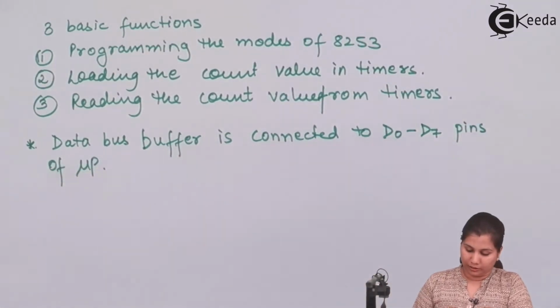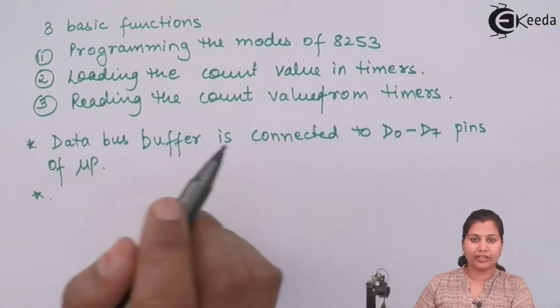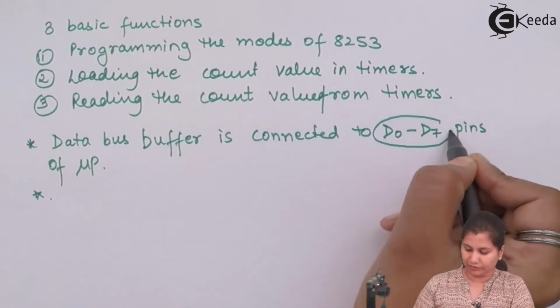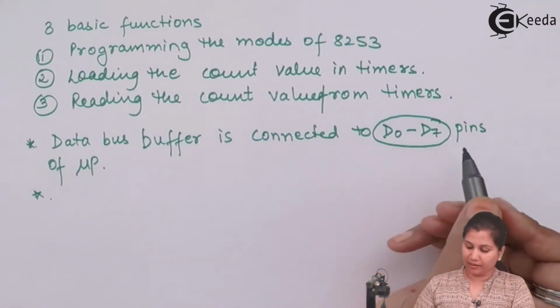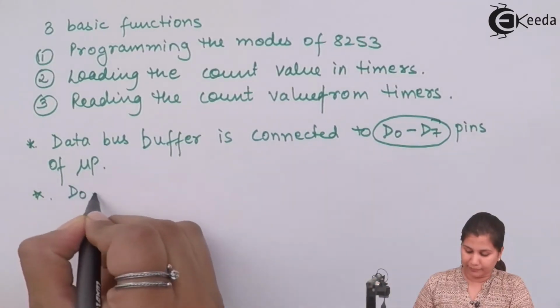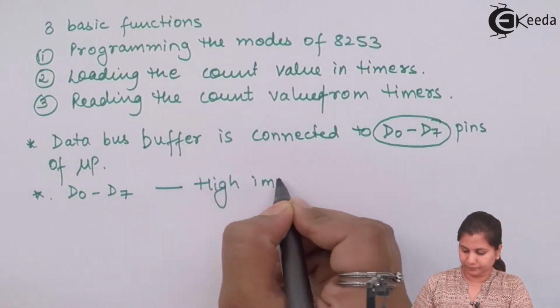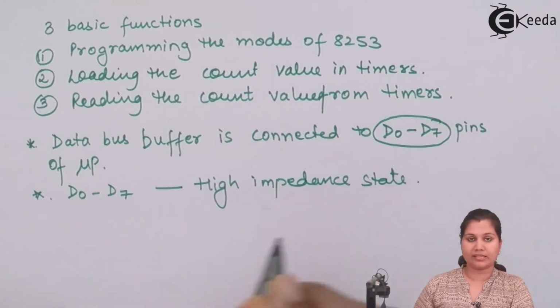And the transfer of data is taking place through these pins D0 to D7. Now these pins D0 to D7 are usually in the high impedance state. They are initially in high impedance state.